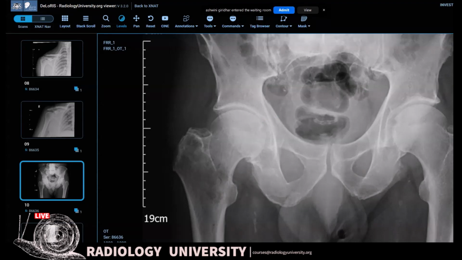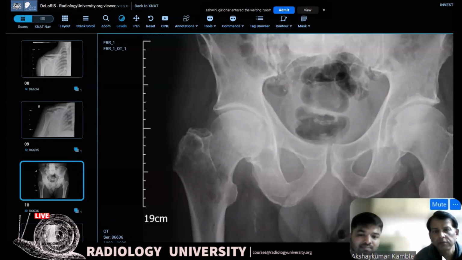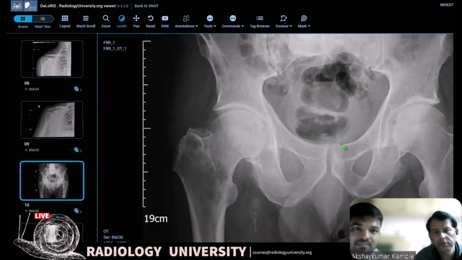For this ill-defined wide transitional radiolucent lesion, I will think this is an aggressive lesion. My differential will include malignancy. It's less likely to be primary, so I will think about metastasis or myeloma. Other than that, infection can also be a differential. I'll correlate with the clinical history, whether this patient has any signs of infection.